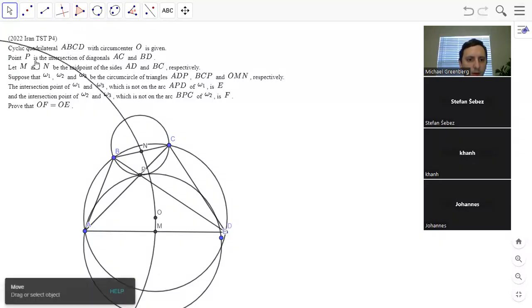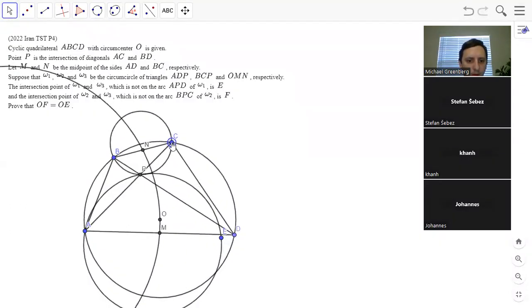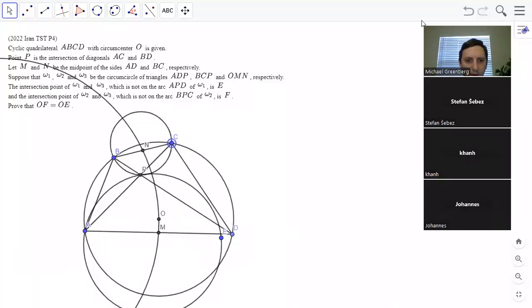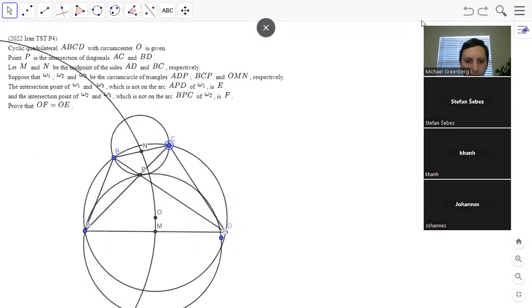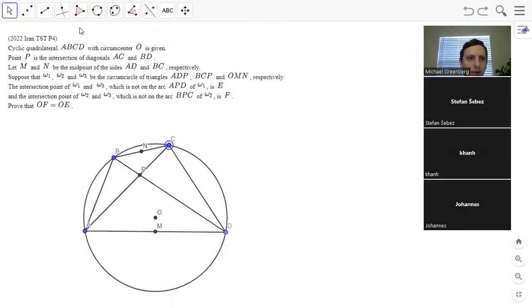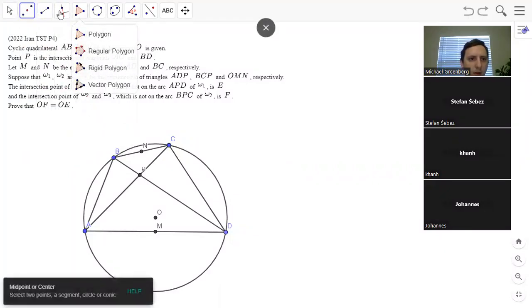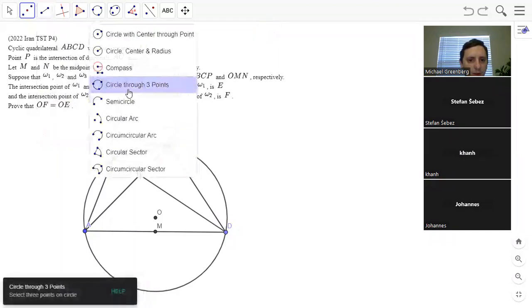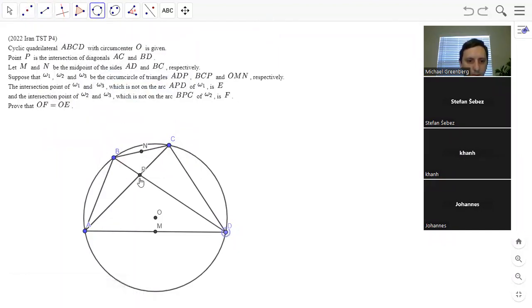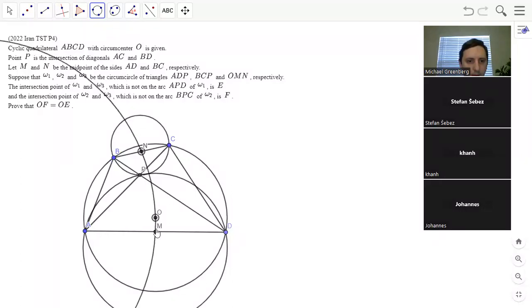Let me see if I can make this look a little easier. I'm not sure what E is. Oh, I didn't draw that circle right. Sorry, one sec. So it should be DPA, BPC, and OMN. I think it's worth drawing the intersection of BC and AD, because that will lie on this circle.